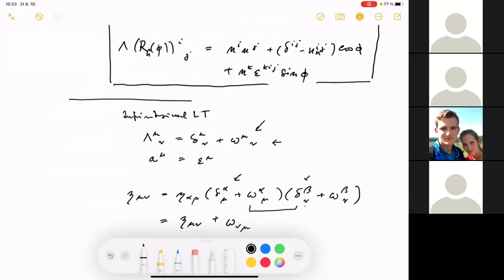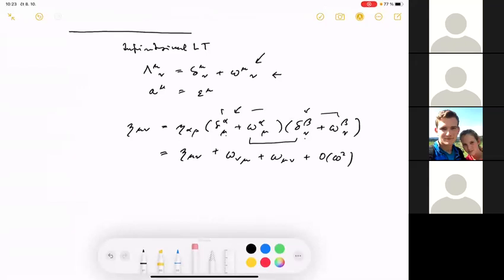Again, if we take the product of these two, it means lowering of the beta index and renaming it as nu, so plus omega nu mu, plus the terms which are of higher order in omega. This should be identity at least to first order in these omega parameters, and this tells us that this should vanish. Therefore, omega mu nu must be antisymmetric.